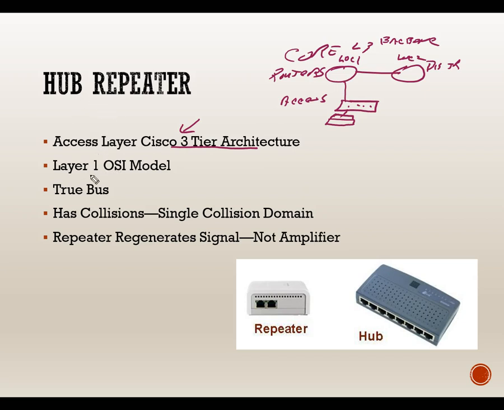So the hubs and repeaters are at layer 1 in the OSI layer. And again, we don't want to have these things because when we're talking about a hub, we're talking about a true bus. What the repeater does, and you notice that the hub has multiple connections that we can put machines on, this has 2. It's going to be like an in and an out.